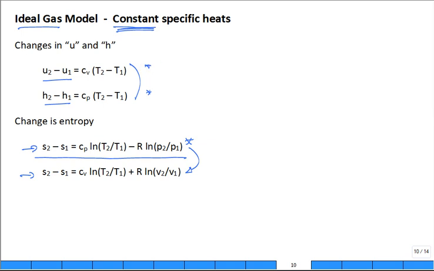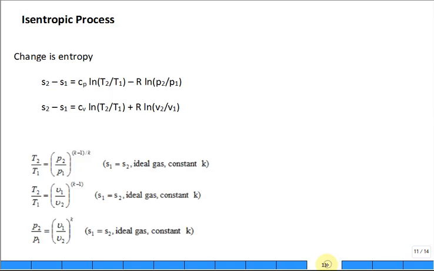Also, you can manipulate this further if you have a special process. That special process is called isentropic. What does isentropic mean? Constant S, constant entropy. So if S2 is equal to S1, that means this is 0 for an isentropic process. Now I can rewrite this as C sub P natural log of T2 over T1 equal to R natural log P2 over P1.